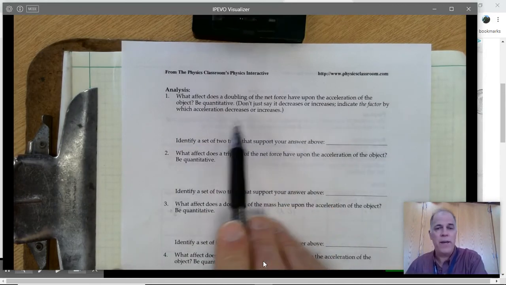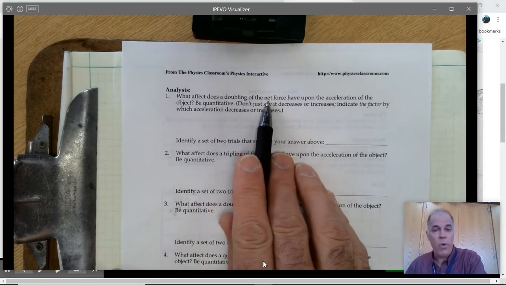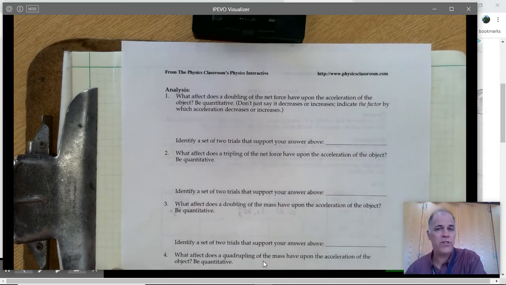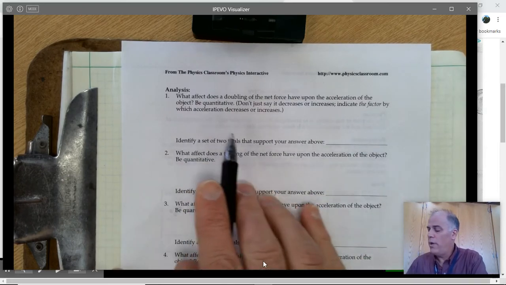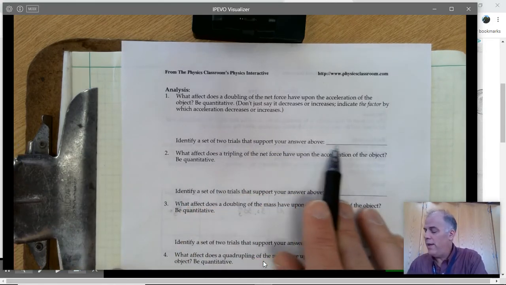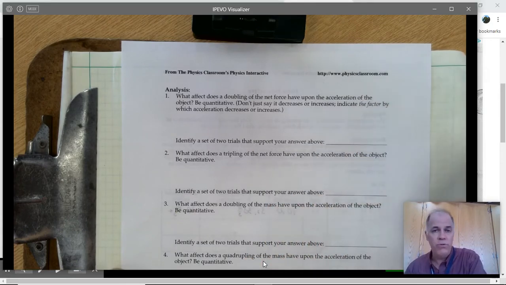Don't just say it gets bigger or smaller, say by how much. Like if we double the force, does that make 4 times the acceleration or half the acceleration? What does it do? So use numbers. And then finally, identify which 2 trials you used to prove that to yourself.